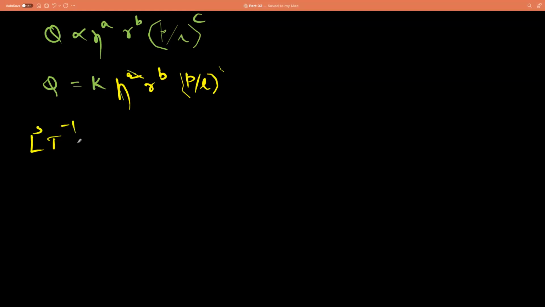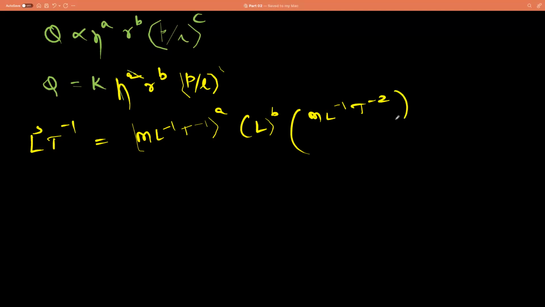L cube T minus 1 is equal to eta, which is M L minus 1 T minus 1, to the power A. For R, it is going to be L power B. And pressure is measured as Newton per meter square, so M L minus 1 T minus 2, divided by L to the power C.